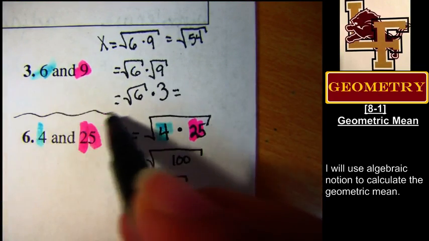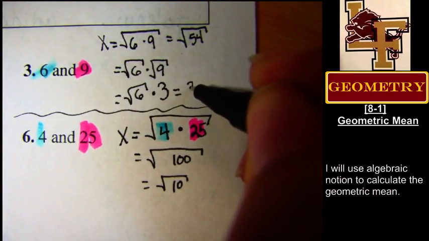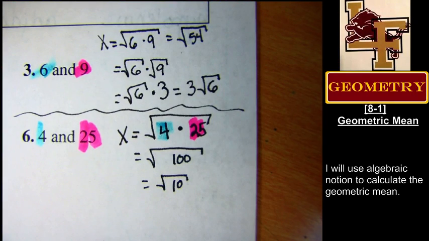But that answer looks really weird, doesn't it? Square root of 6 times 3. We usually like writing it in the other order. So I can switch the order and write 3 square root of 6. Do we have to? Yes. Not too hard.